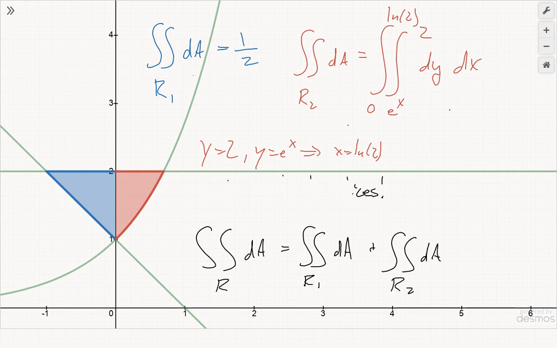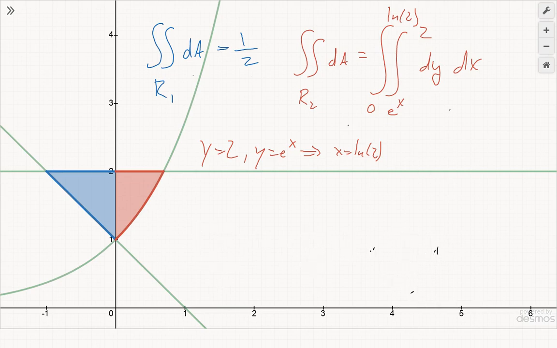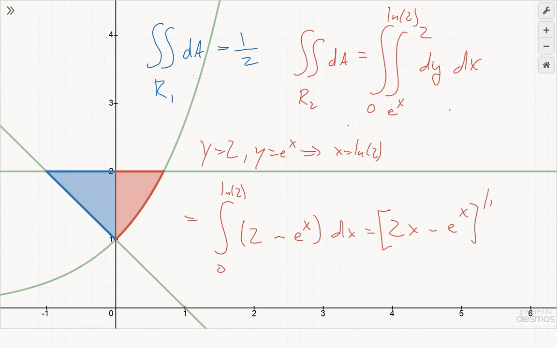So we can evaluate this. So this will be the integral from 0 to ln of 2 of 2 minus e to the x dx, which is 2x minus e to the x at ln of 2 and at 0.